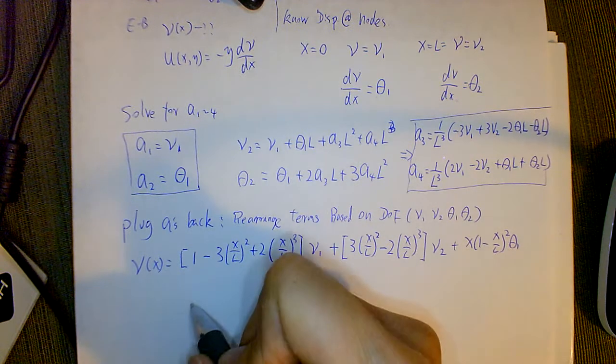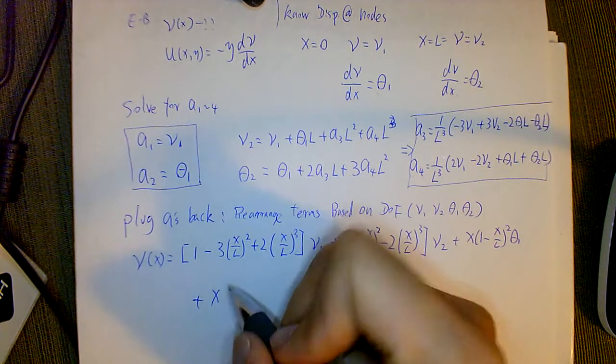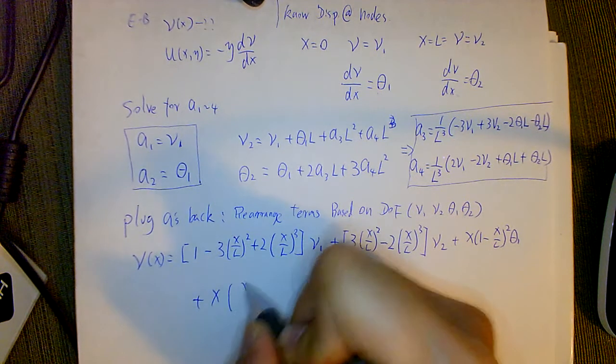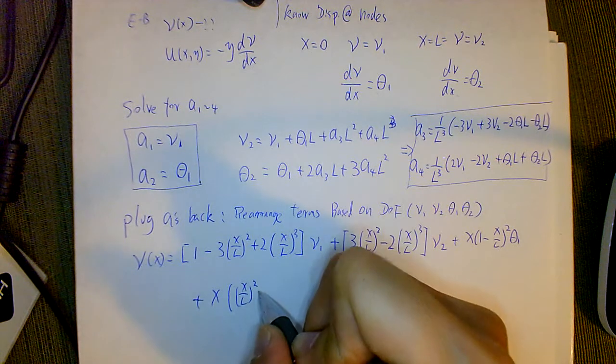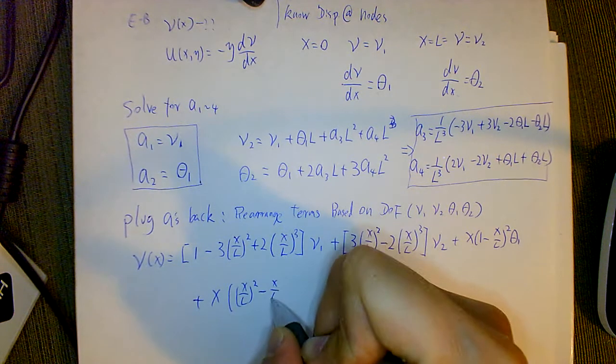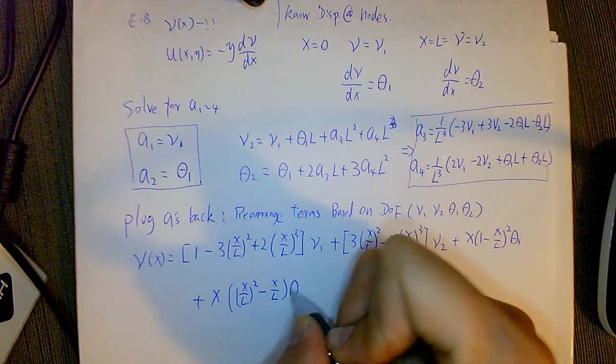So finally plus x times ((x over L) squared minus x over L), times theta 2.